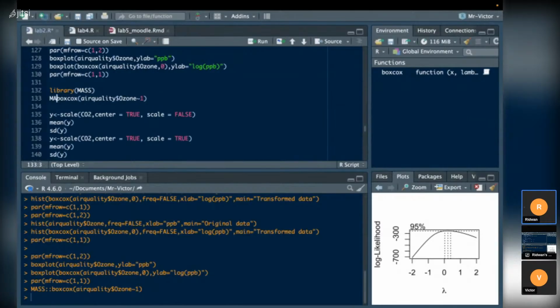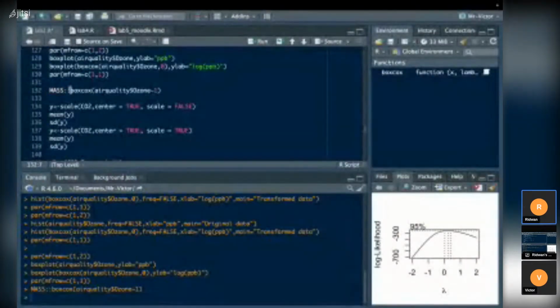I'll just remove it. But if I'm not calling that line, then I need to call this particular one, MASS, then these two colons. This will tell R to use the function under this particular package. I don't know if you get it.